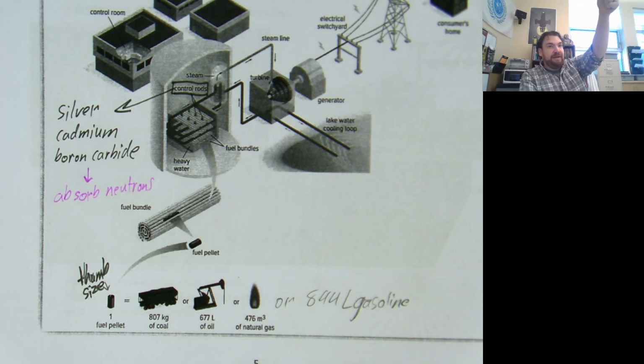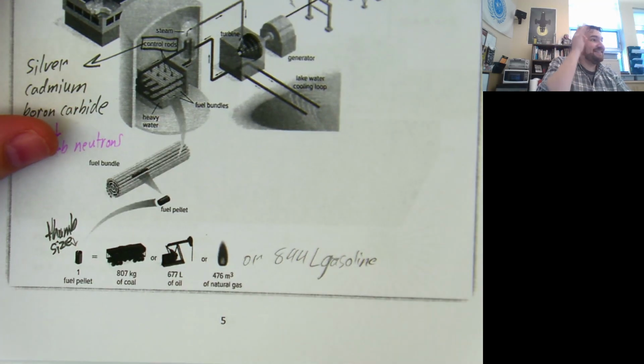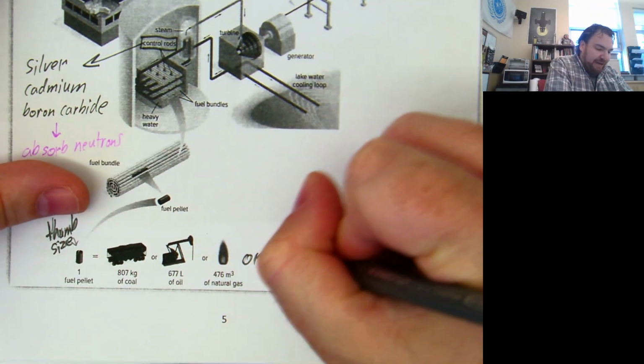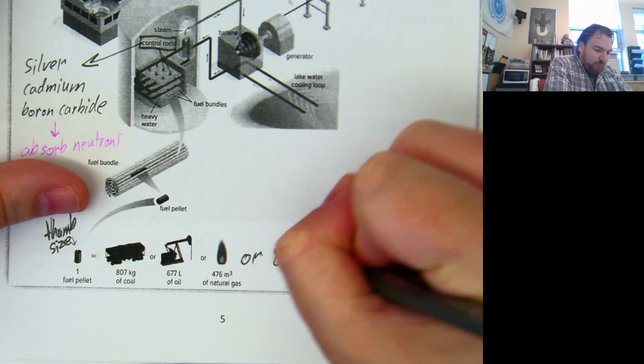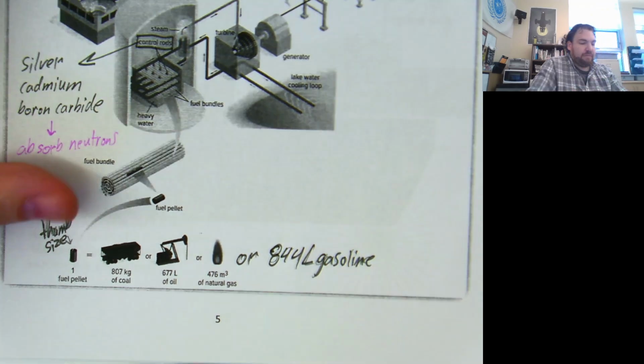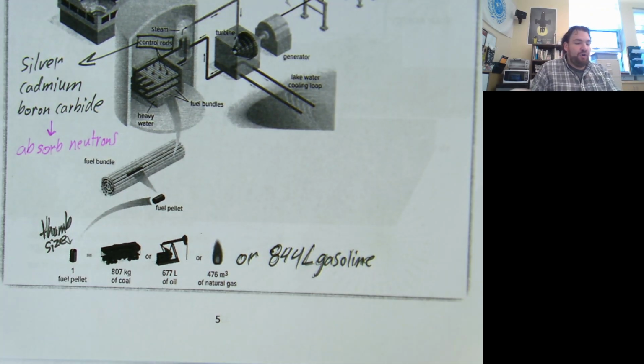One of these uranium pellets is about that big and has the same amount of energy contained in it as about 844 liters of gasoline. So my fuel tank on my Corolla is a 45-liter tank. It means I would have to fill up my car 19 times.